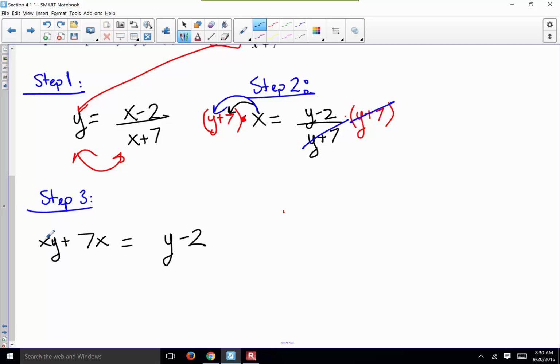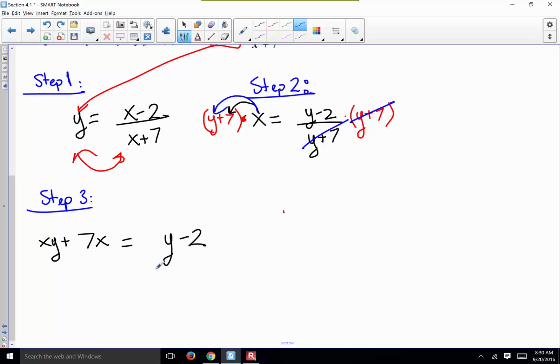Okay, what is our objective again? I'm lost. What are we trying to do? Isolate y. Okay, to isolate the y, I need to first bring all y's together, right? And I have y's on each side. So I need to bring one to the other side. So which one? Let's get rid of this one on the side.